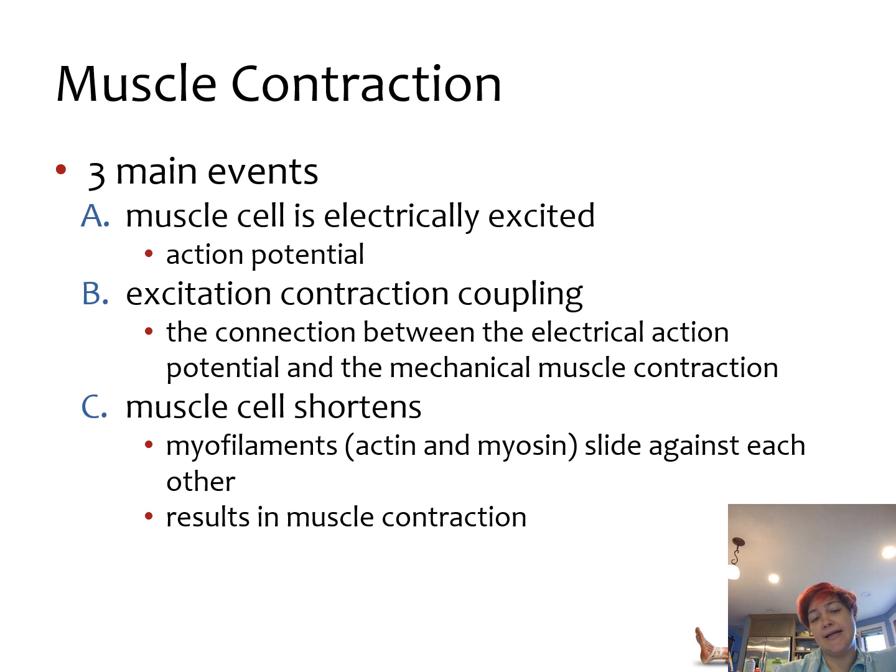Then you get excitation-contraction coupling, which is a connection between the action potential and the mechanical muscle contraction. The mechanical muscle contraction, if you can remember, is the actin and the myosin wanting to slide over each other. The myofilaments, actin and myosin, slide against each other, and this results in muscle contraction, so we're going to get shorter.